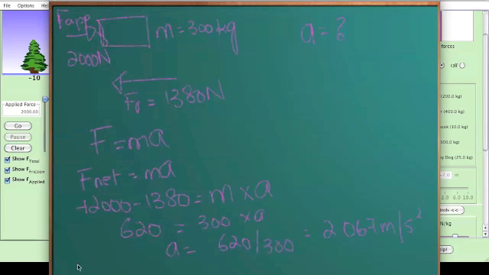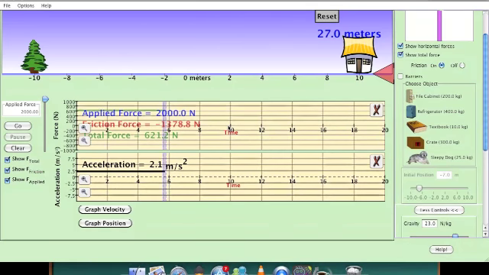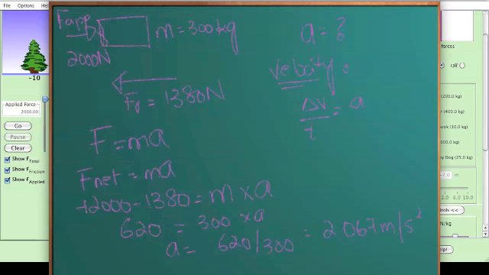Now, we can also find the velocity from here. The formula that we use is delta V over delta T equals A. Let's find out the velocity for, let's see, 10 seconds.